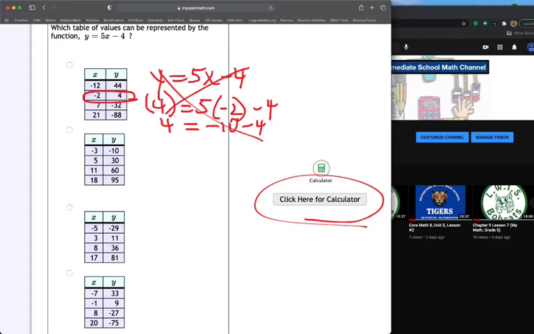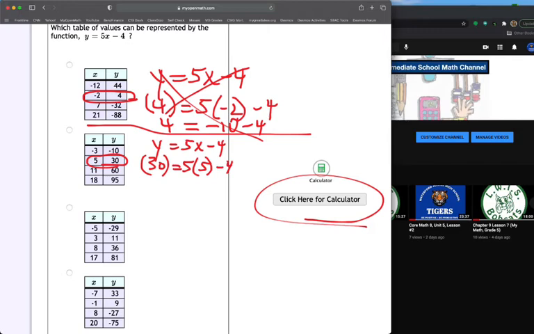So I'm just going to do the same thing all the way through our table here. Once again, I'll start with y equals 5x minus 4, since that is our function. I'll use the second one again, because those values look like overall they're a bit smaller. And if I have a choice between positive values and negative values, I'll choose the ones with positive values.